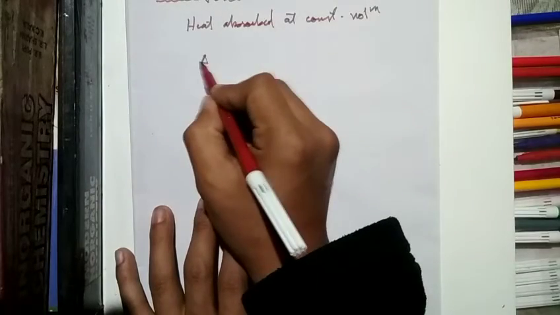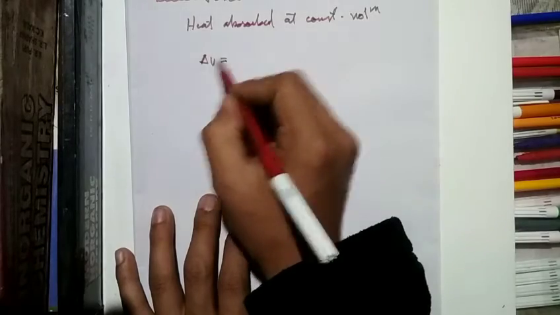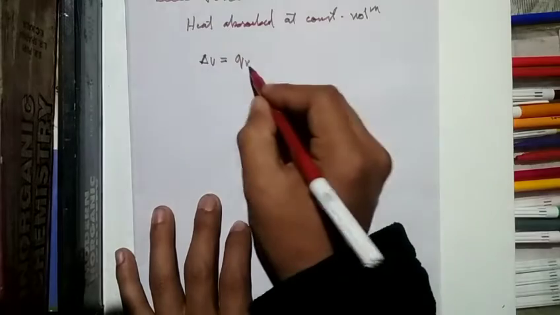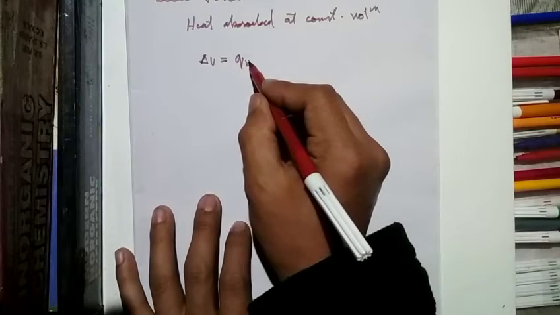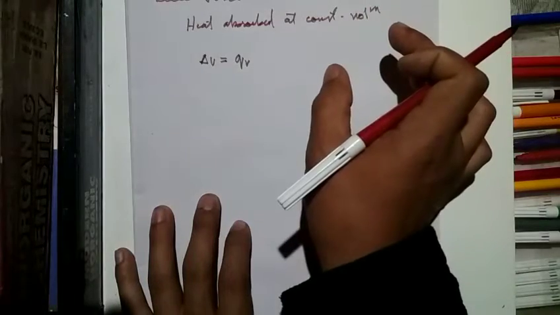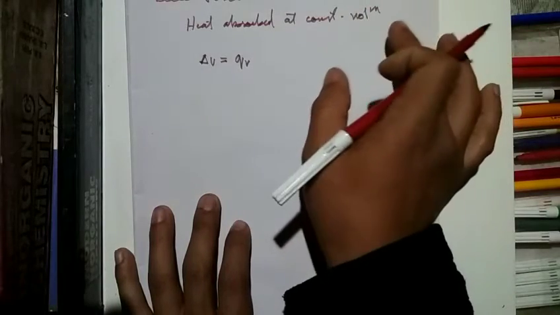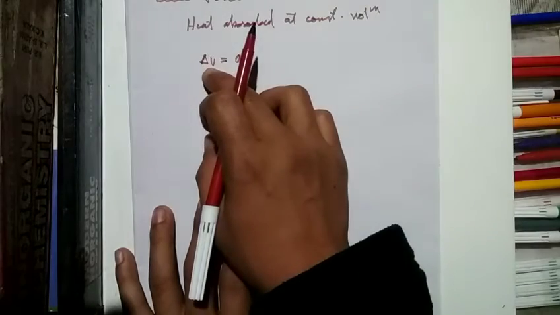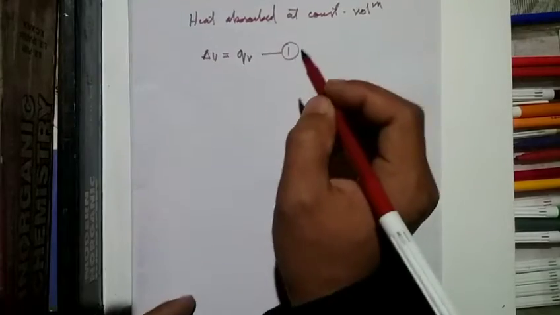We got delta U, change in internal energy, is equal to QV. So this V means constant volume. So heat absorbed at constant volume is equal to change in internal energy. So let's take it as equation 1.